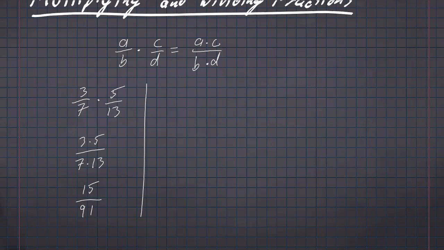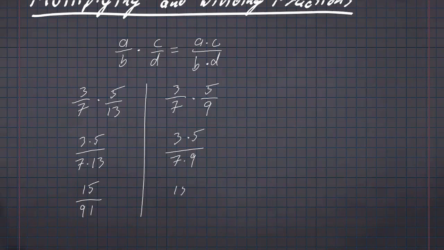So if you have something like 3 over 7 times 5 over 9, the rules of multiplying say that we're going to write this out as 3 times 5 over 7 times 9, and we could do that multiplication if we would like.